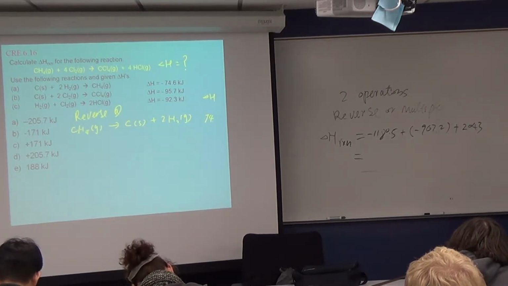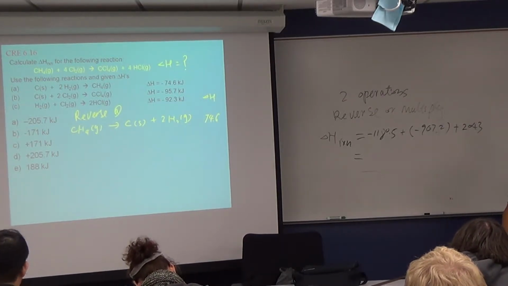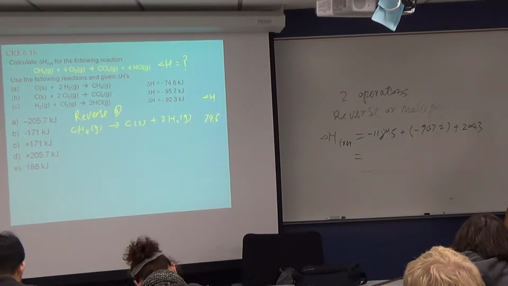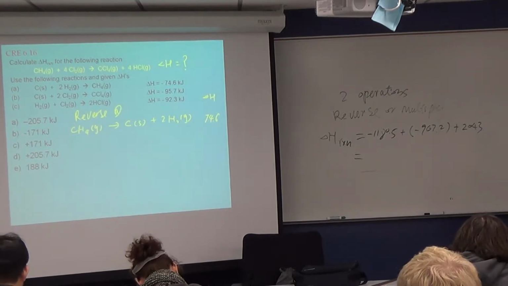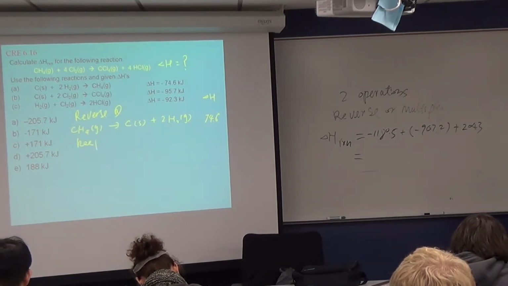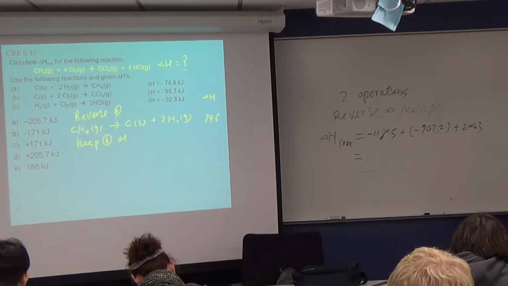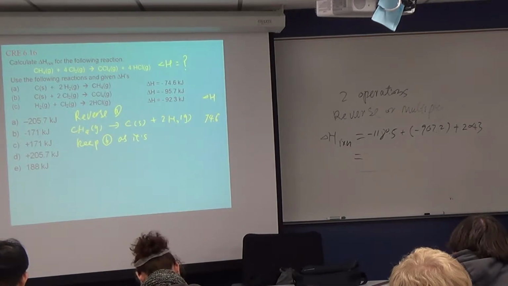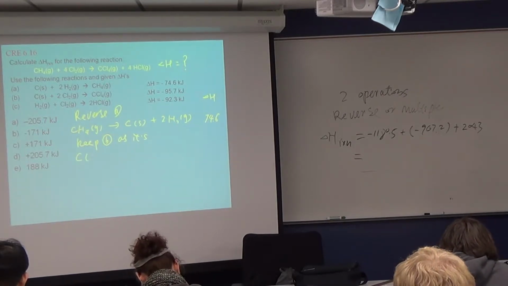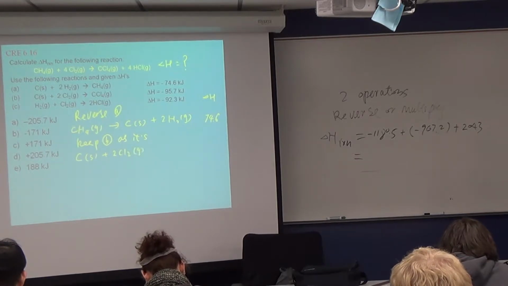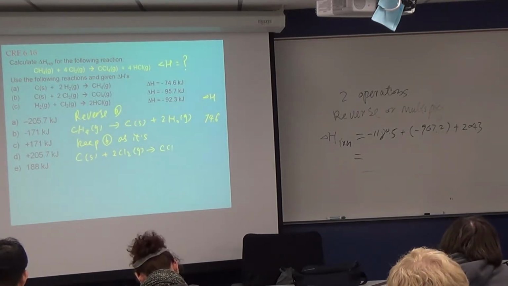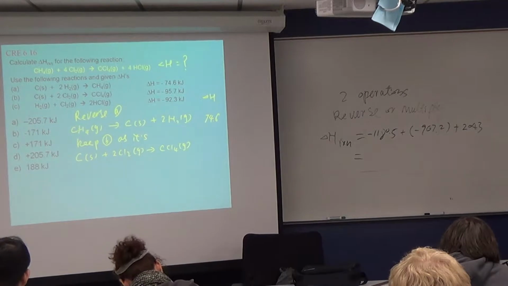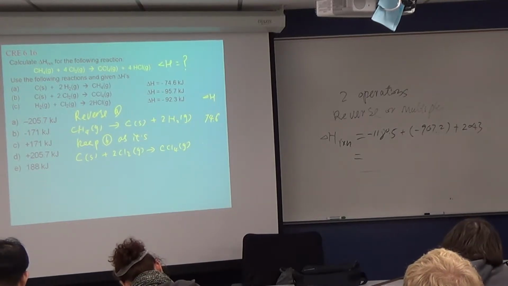This will become 74.6, positive 74.6. Agree? So as I said, we'll keep B as it is. And you will see that we have 1 C solid plus 2 Cl2 and CCl4 gas. If we did not do anything to this, you still get negative 95.7.